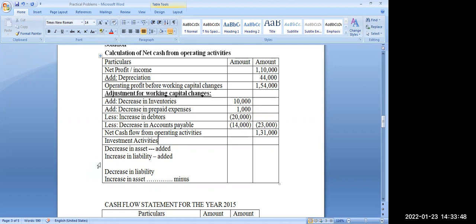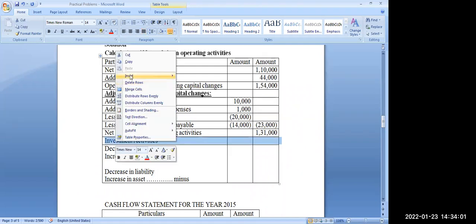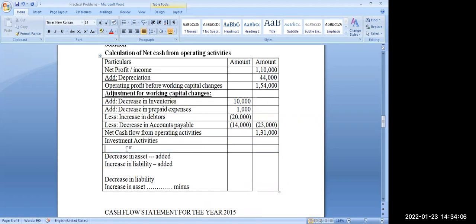That's it, simple. If the company has purchased, is it an inflow or outflow? It's an outflow. So you will be writing it here, increase in machinery. If you prepare a full-fledged cash flow statement, we will be writing increase in machinery, 50,000 rupees will come here. Increase, so minus.